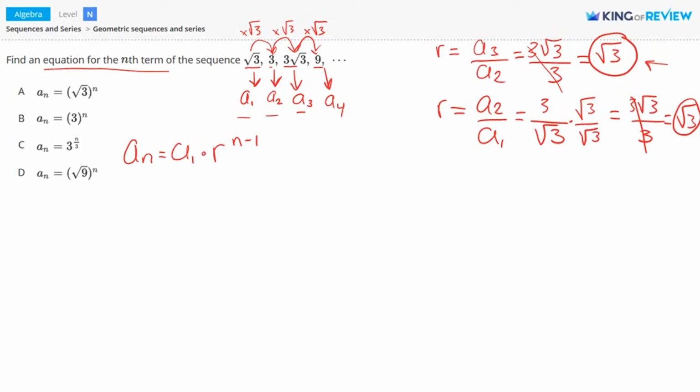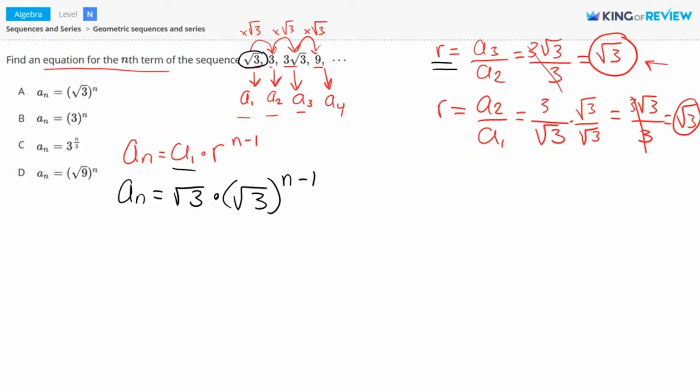So let's enter some information into this equation and see if we can come up with an equation for the nth term. We have an equals a1, which is the first term, that's square root 3, times the common ratio. We've determined what that is. That's square root 3 to the n minus 1 power.